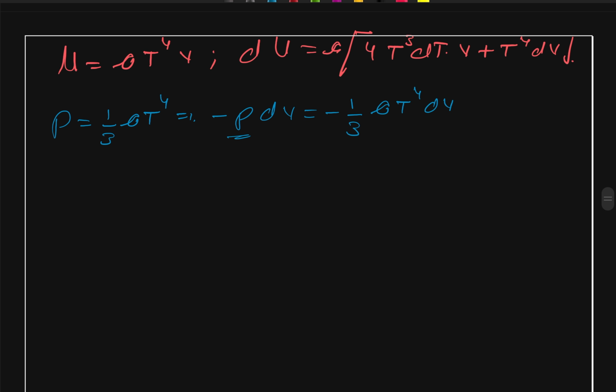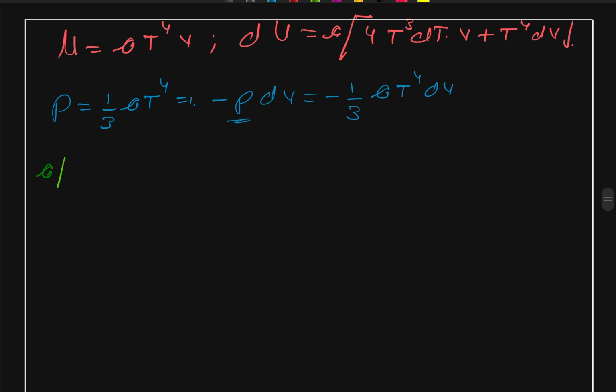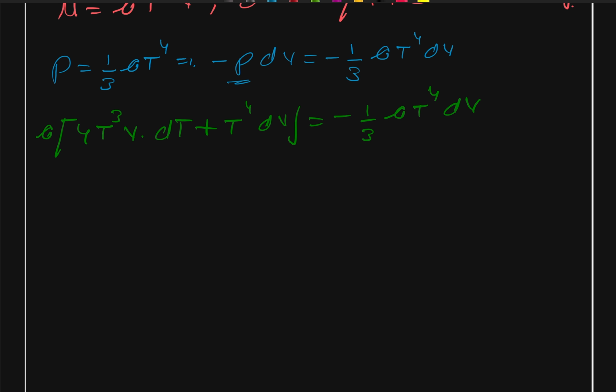Therefore, we get A 4T cube V dT plus T raised to the power 4 dV is equal to minus 1 by 3 A T4 dV. Our A goes out throughout, and T3 will also cancel, so this left with 1, and this is also left with 1.